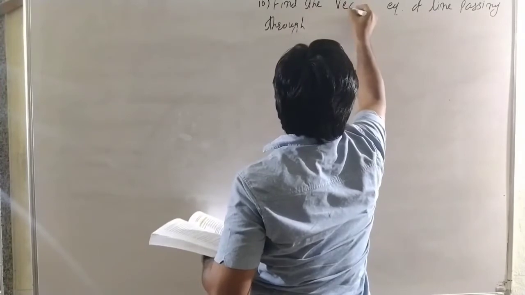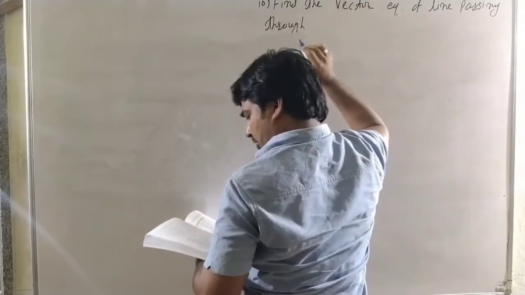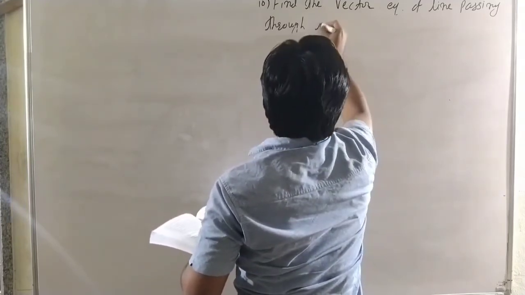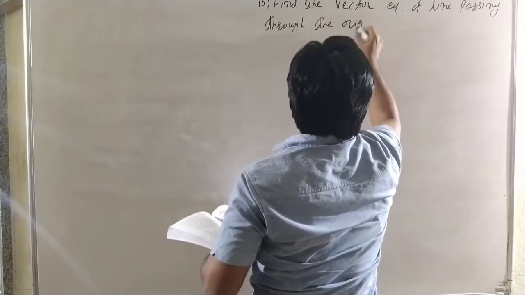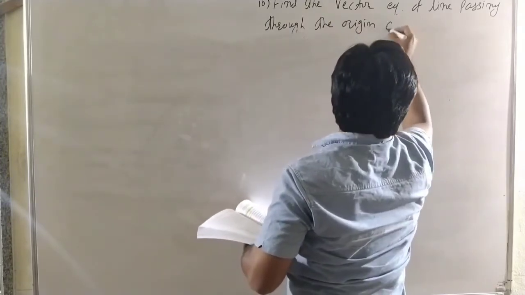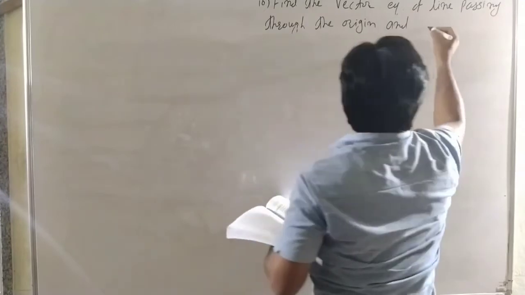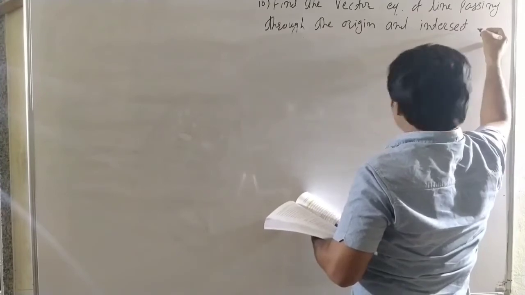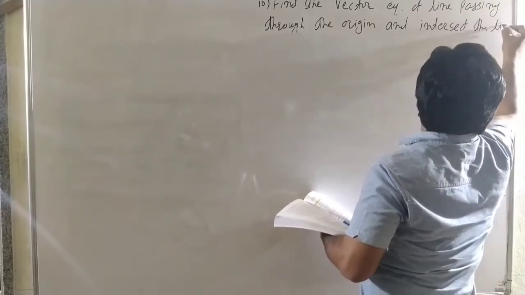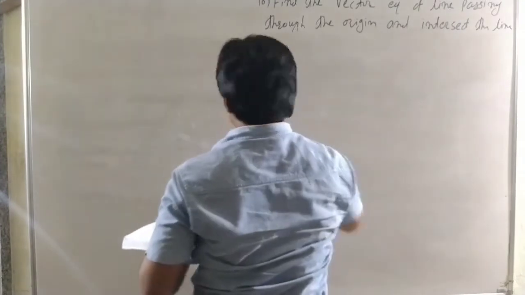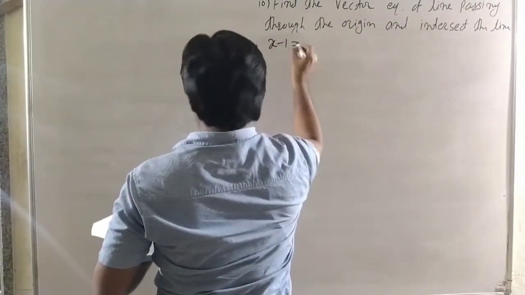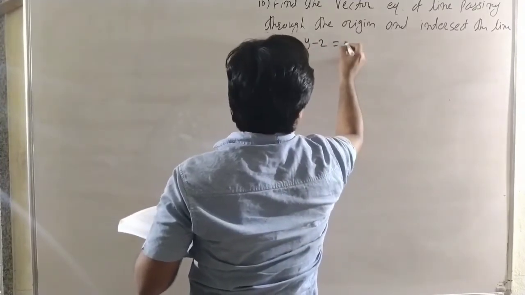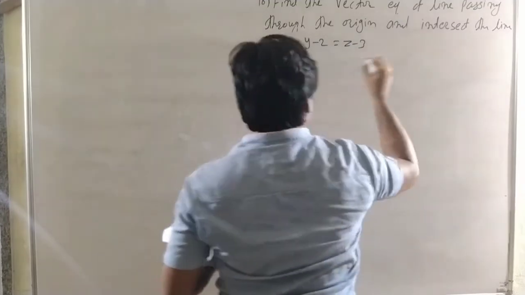Find the vector equation of the line passing through the origin and intersecting the line (x minus 1) = (y minus 2) = (z minus 3) at right angle.